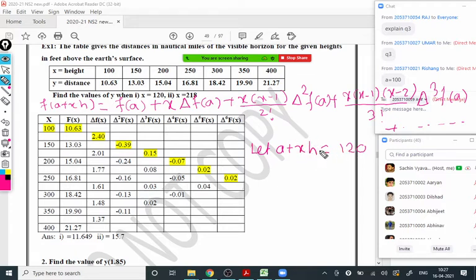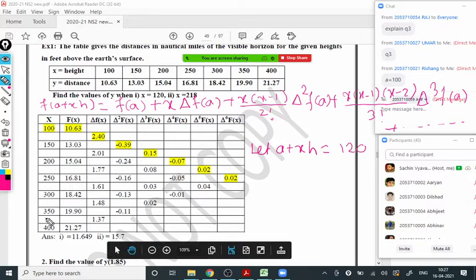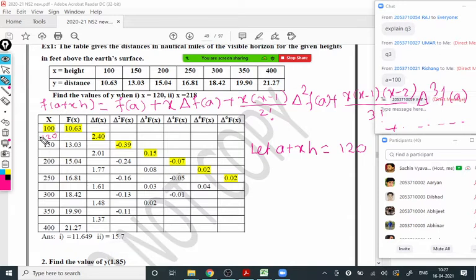If you see the table of x values, 120 comes in between 100 and 150. So just below 120 is 100. So a should be 100. Is that clear? Now what is h here?